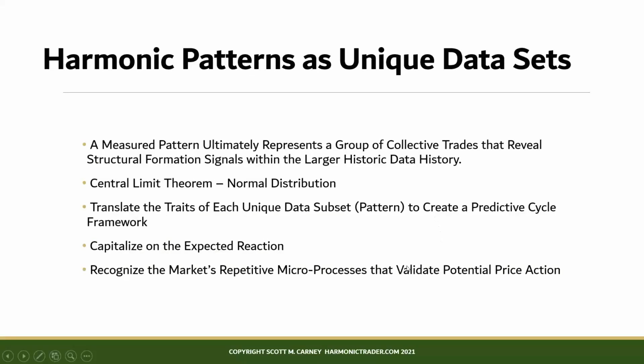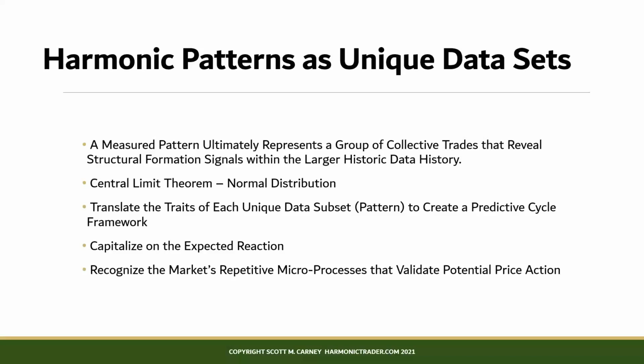But this is essential to everything that we do, because look, a measured pattern that gives us that group of trades, that's a definable history with unique characteristics, traits. Okay, and we look for that, and that's what we identify.